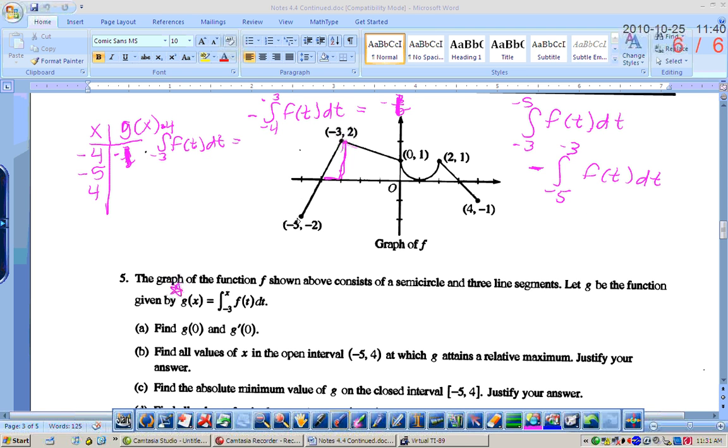All right, now if I'm going from negative 5 to negative 3, someone suggested 0. Do you agree? Yes, because you've got the two areas, one's below and one's above, exactly the same areas, so they cancel each other out in terms of the integral.